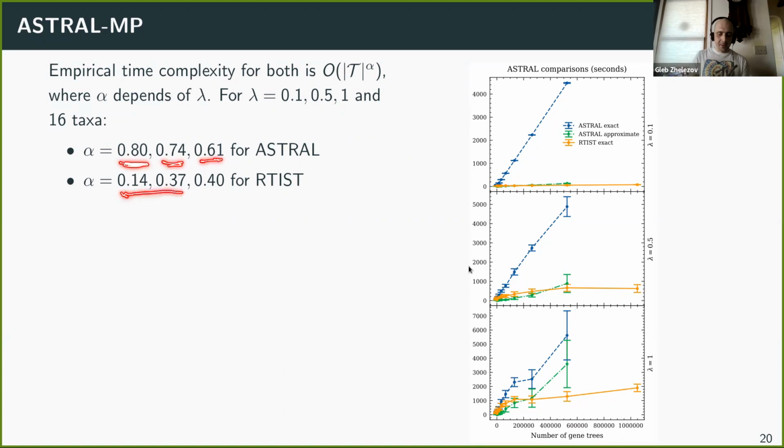And they're usually a bit lower for RTIST, although it's worth noting that as the level of ILS is increased, these powers actually start getting closer and closer, which is not surprising because the saturation of the clusters and bipartitions happens a bit later.